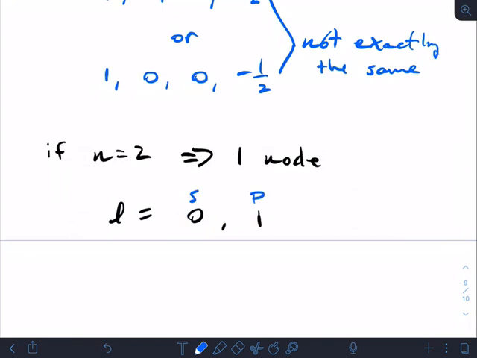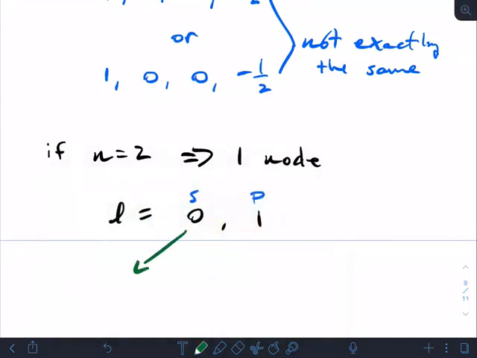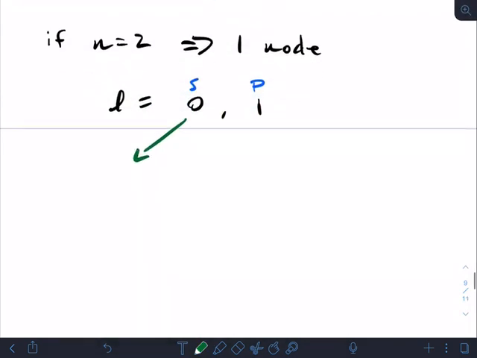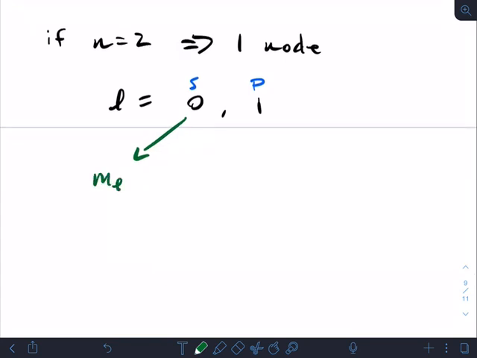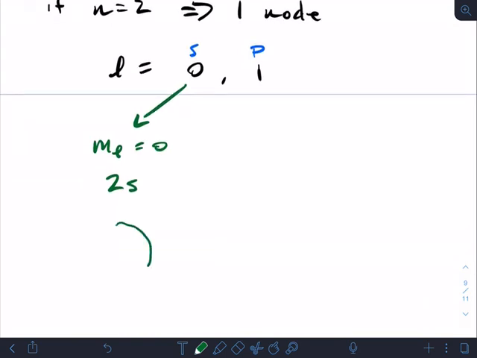So 0 is an s orbital and 1 is a p orbital, right? So if it's the s, then m sub L equals 0, and that makes this a 2s orbital, right?